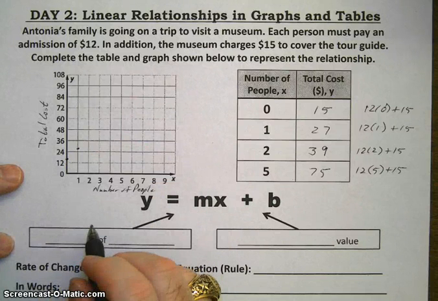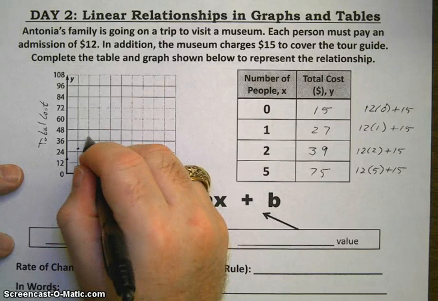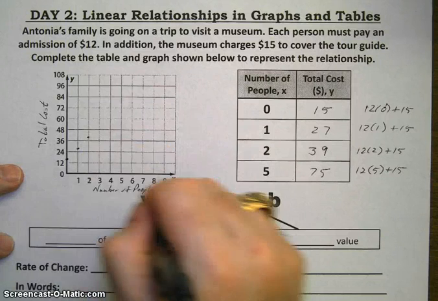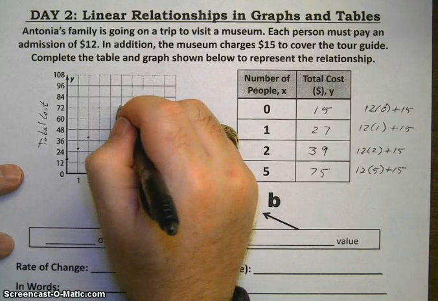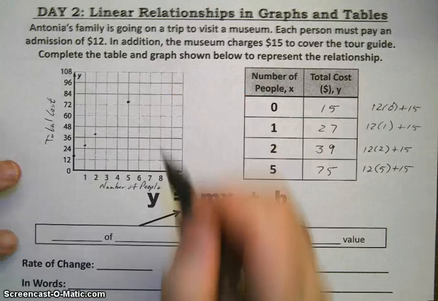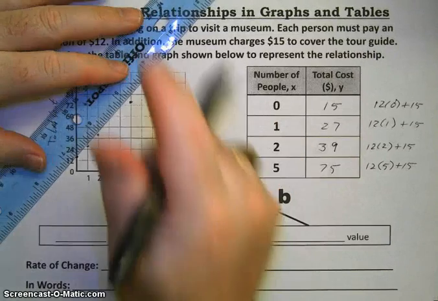And then for 2 people it was 39, so that's going to be about right there. And for 5 people it was 75, so that's just above the 72. Now you'll notice that all those points line up in a straight line.